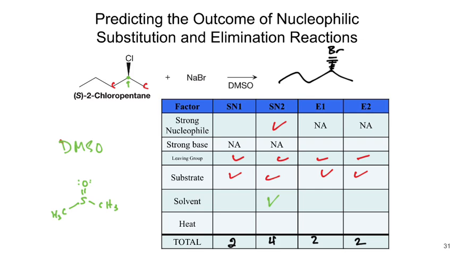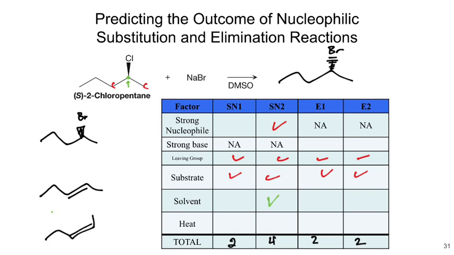What other answer choices could show up on the exam? Yeah, wedged bromine. Every single one of those answers is a legitimate answer.